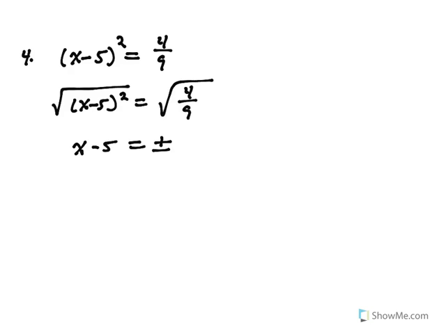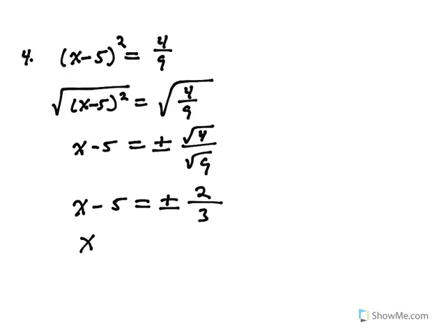This is going to be a plus or minus this, and we can break it down into separate radicals. Square root of 4 is 2, and the square root of 9 is 3. And then we can write it in two separate equations, as x minus 5 equals plus 2/3, and then x minus 5 equals negative 2/3.